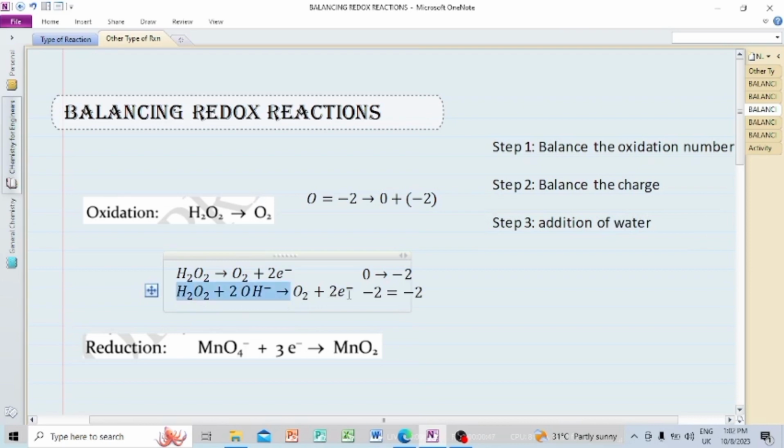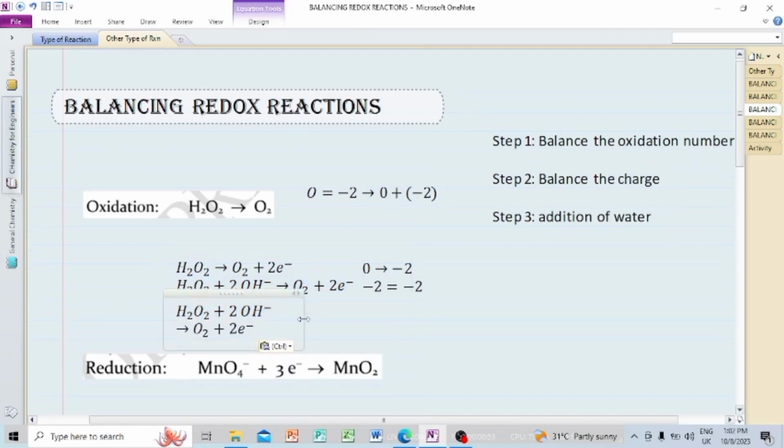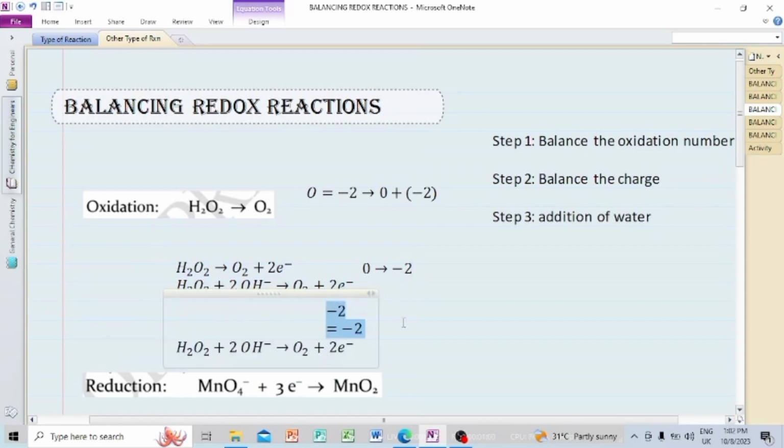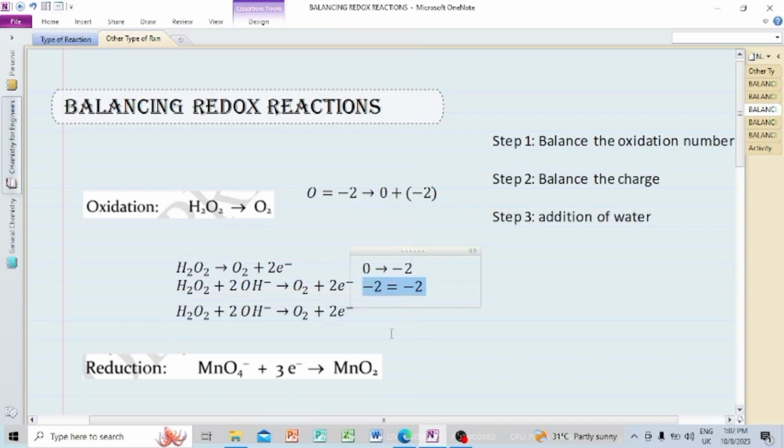So this will become, mag-add tayo dito ng water, plus H2O.